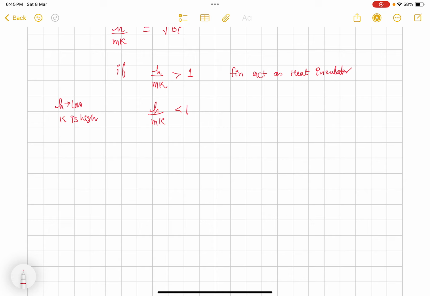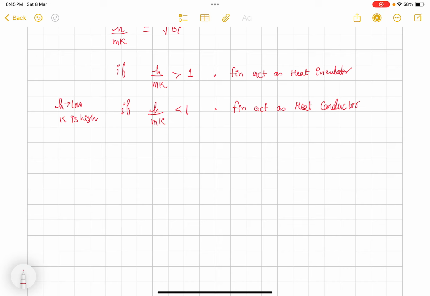Alright, so the fin acts as a heat conductor. In that case, if it is equal to 1, then there is no use of the fin. Meaning even if you are using the fin, it will not increase the heat transfer. That will be the physical significance of it.